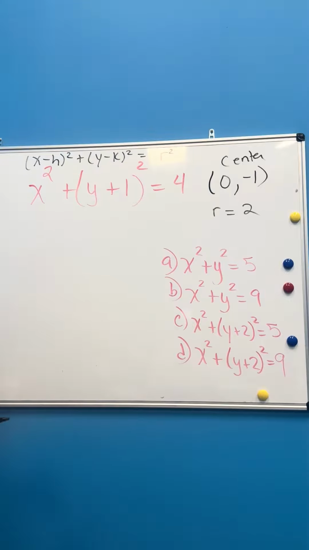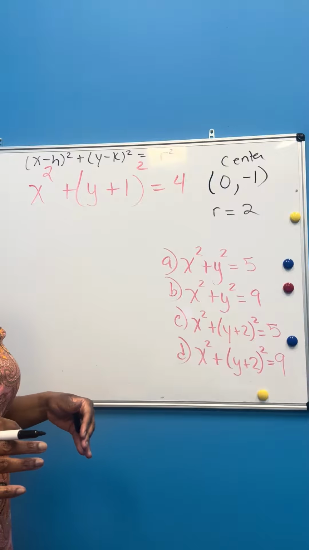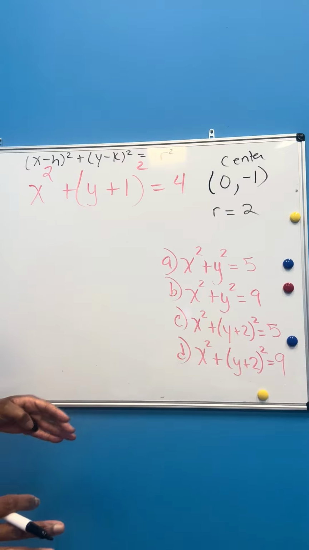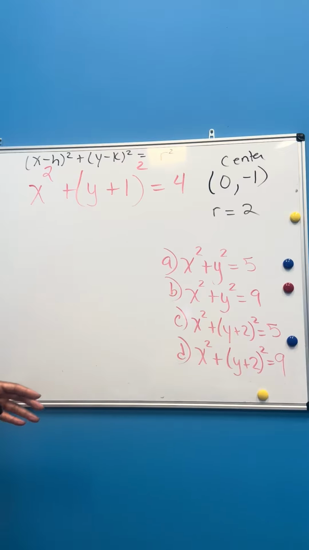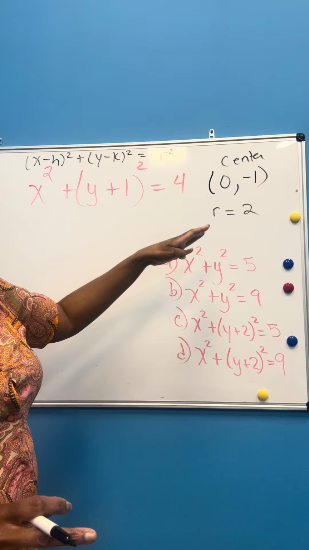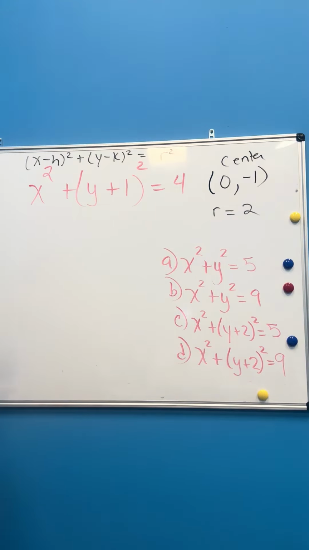Now in this particular problem, they said the center of the circle moves up 1 and the radius increases by 1. So if the center moves up 1, it was at -1, and now it's moving to 0.